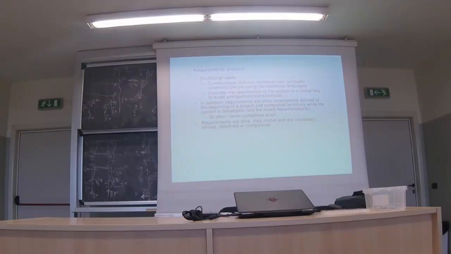And requirements are alive. If you are going into enterprise, or even academia, but in particular when you're going into factories, requirements are evolving. One day you're starting with some machine that needs to do A and B. One week later it also has to do C. A couple of months later it doesn't need to be able to do A, because we bought something that does A, you have to do B, C, and probably D even.